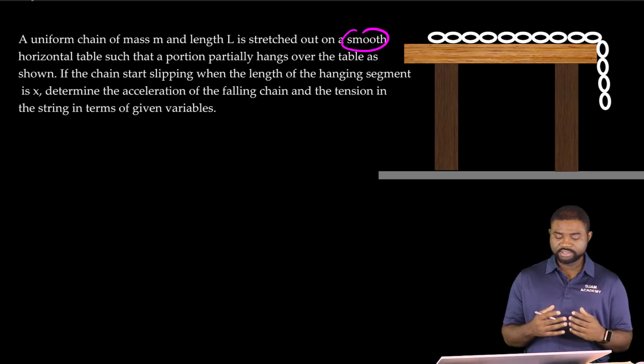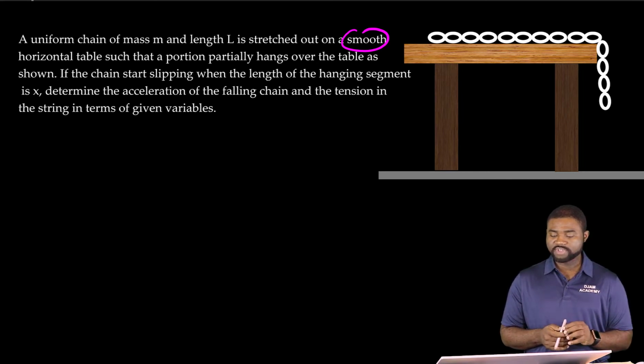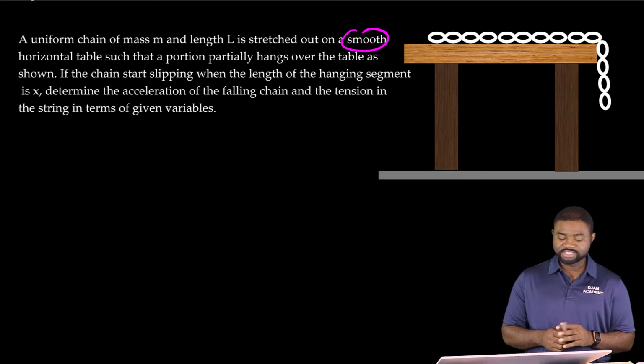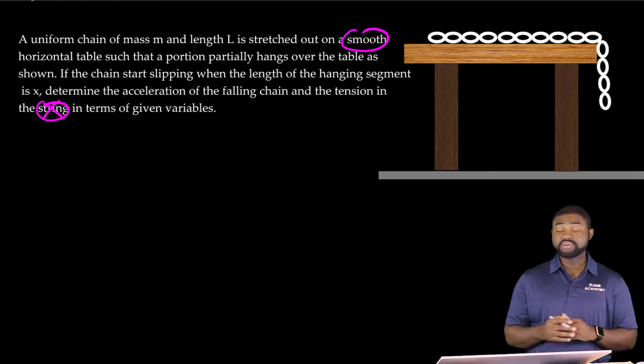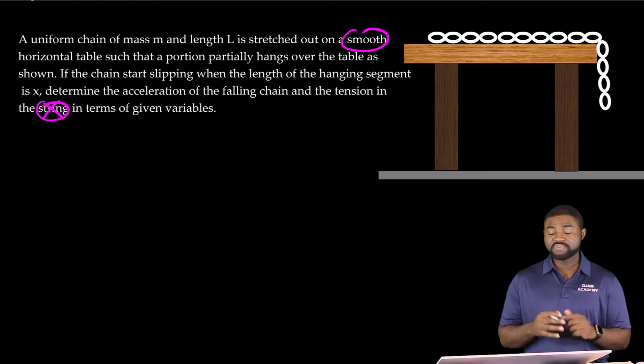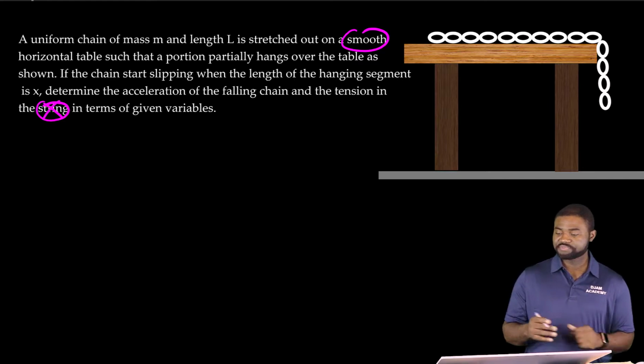If the chain starts slipping when the length of the hanging segment is x, determine the acceleration of the falling chain and the tension in the chain in terms of given variables.